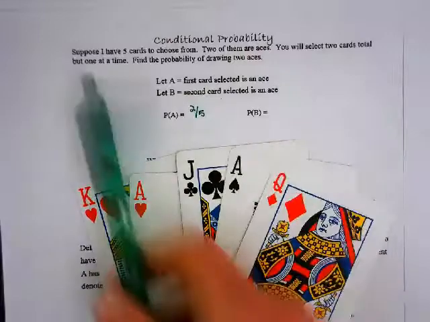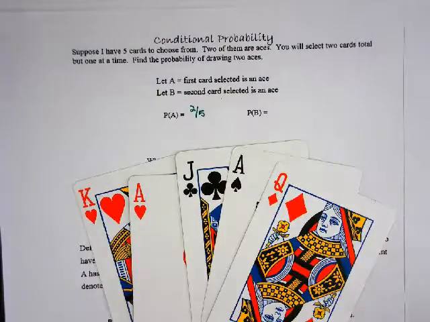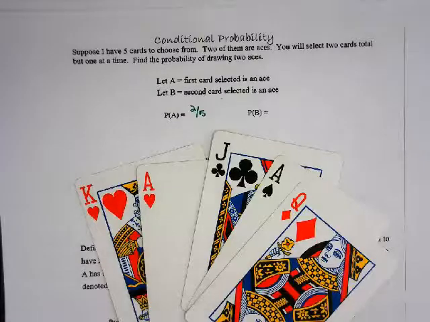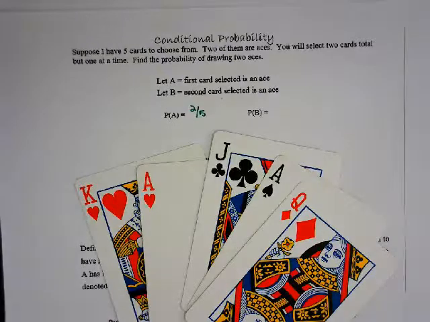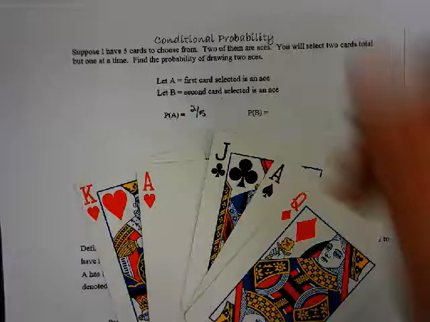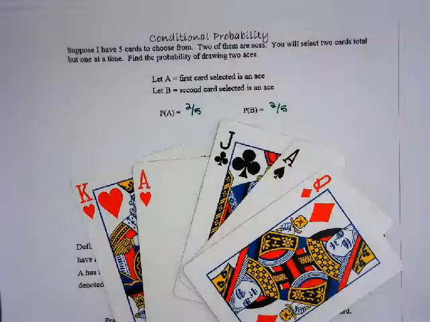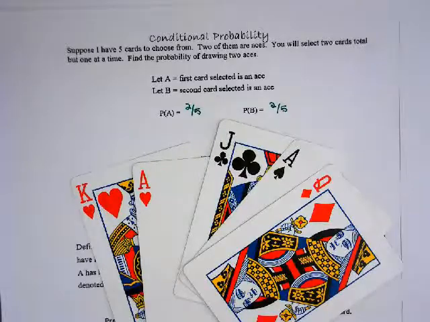And it tells us that we're picking one card at a time. So then I put my ace back. What's the probability that I pick an ace? Still 2 out of 5. Thanks, Emma. And Jake, I saw your answer in the chat. Thank you. So 2 out of 5.